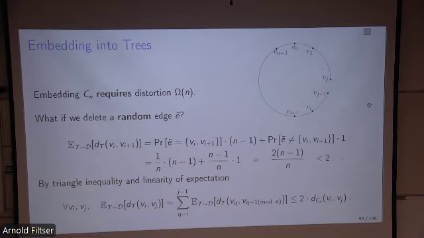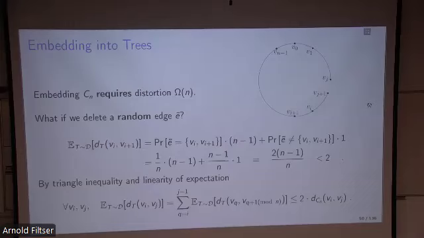So consider that I take some vi and vj, then I can break the path from vi to vj into going from vi to vi plus 1, then to vi plus 2, and so on. And then by linearity of expectation, I can take the sum out of the expectation. And I get that the expected distance from vi to vj is the sum of expected distances between any pair of consecutive neighbors.